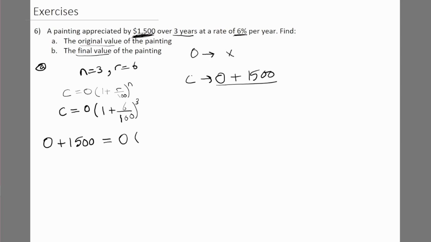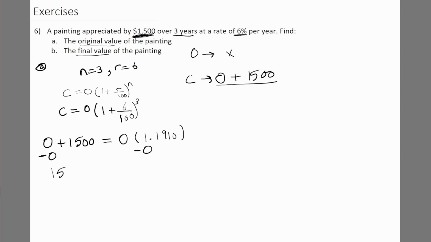And I'm going to go ahead and just plug this part into the calculator. 1 plus 6 over 100 to the power of 3. It gives us 1.1910 and a bunch of more decimals. So now what I'm going to do is subtract O from both sides.